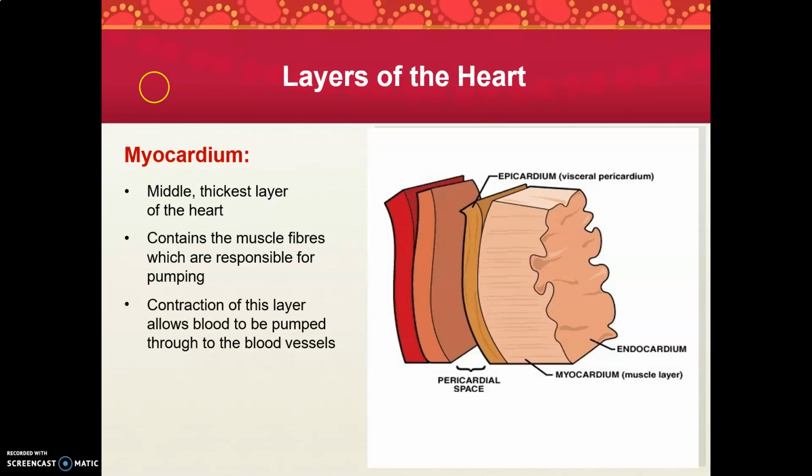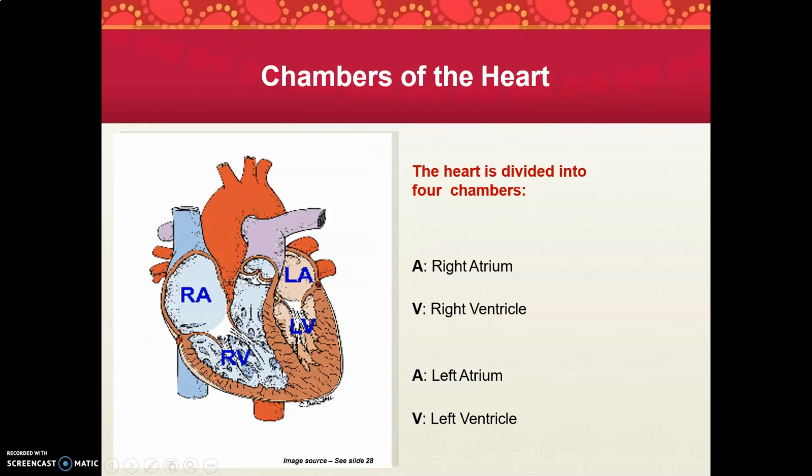Now let's move on to the muscles. The muscle fibers are present in this myocardium. The contraction of this layer allows the blood to be pumped through the blood vessels. The heart is divided, as we discussed, into four chambers: the right atrium, the left atrium, the right ventricle, and the left ventricle.